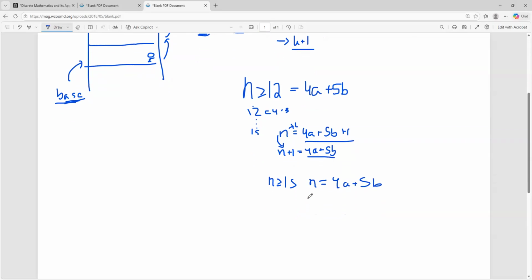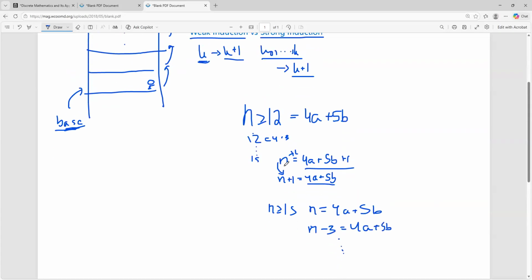So then I can choose n minus 3. See how the difference is? n minus 3 is equal to 4A plus 5B. I won't go through the rest because Joe already did, and we saw the proof. We could add 4 on both sides, yada, yada, yada. Here, we're not just using the last step. We're using a step 3 steps before, way before it.